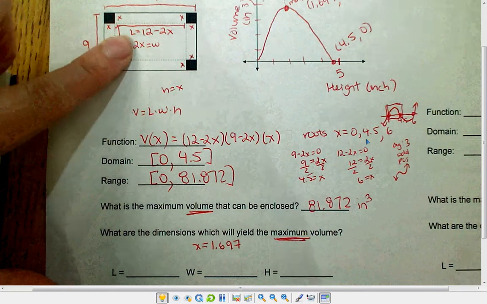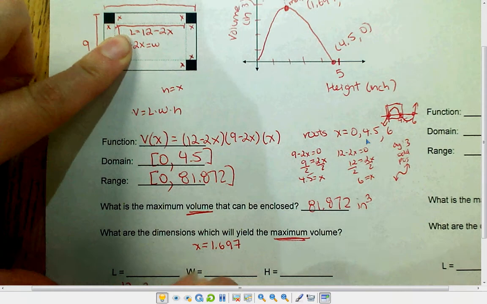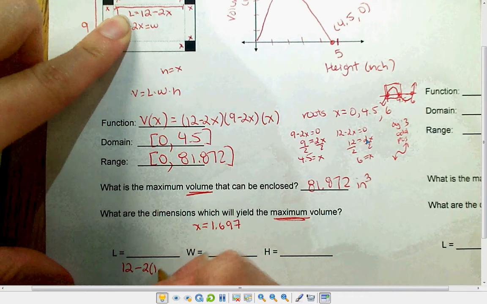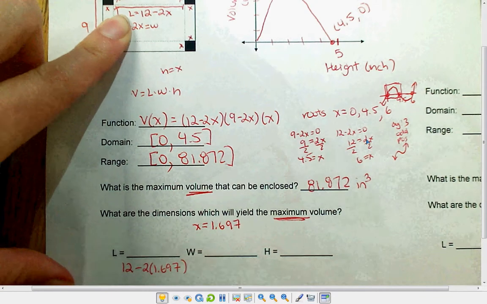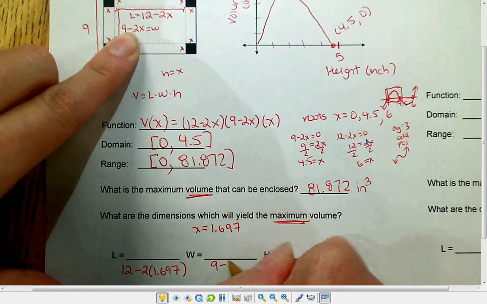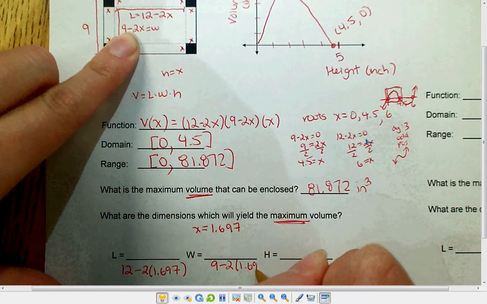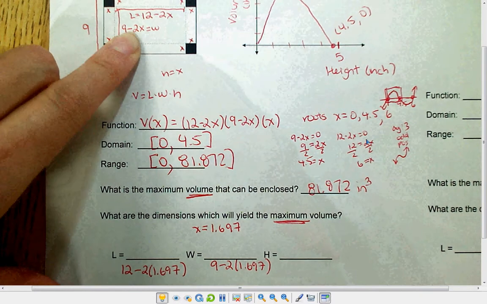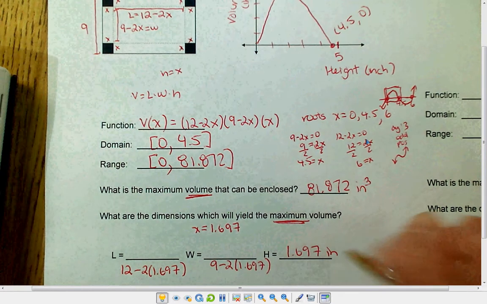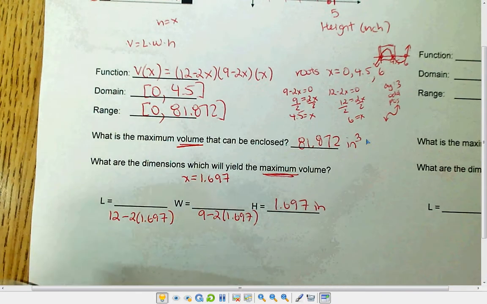So our length is 12 minus 2x. So since our x value is 1.697, that's what we're going to be plugging in there. Our width is going to be 9 minus 2x, so 9 minus 2 times 1.697. And our height is just x, so we already know our height is 1.697. This is in inches. And we can use our calculator to find the rest of this.